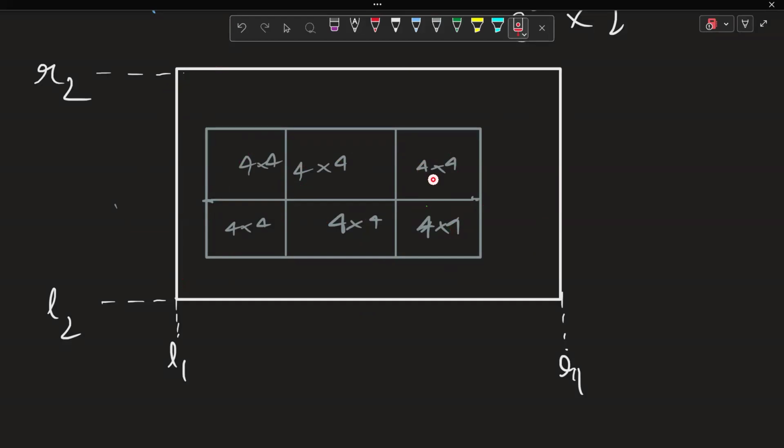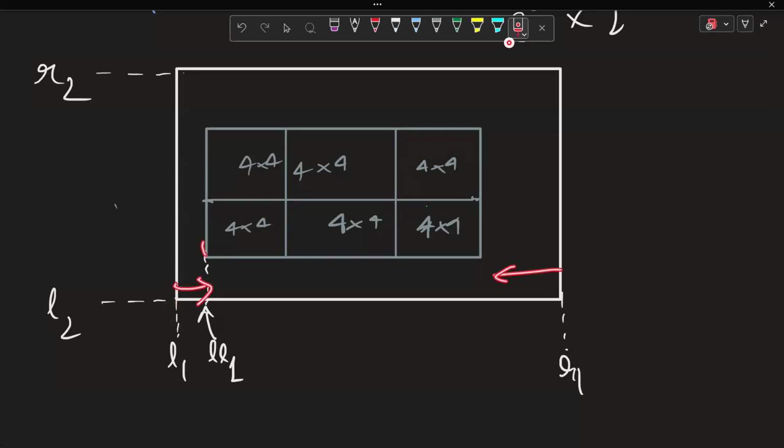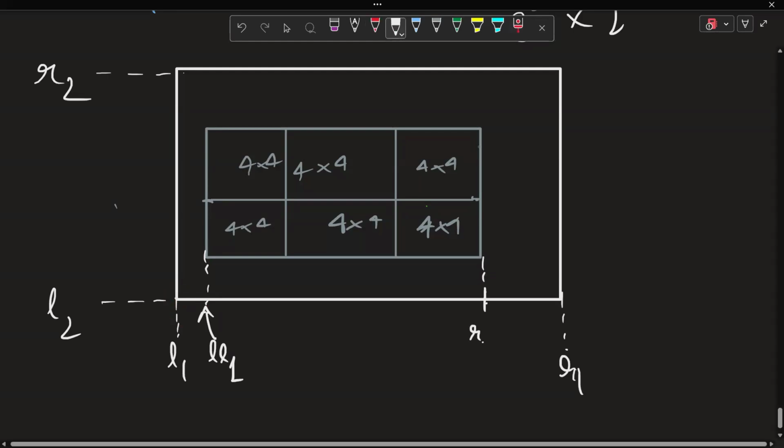So what you can do is, how many such exist? First of all, how would you find this? After L1, the first point which is divisible by 4, let's say it was this point, let's name it LL1. This was the first point divisible by 4 just after L1. And just before R1, the first point divisible by 4 was RR1.